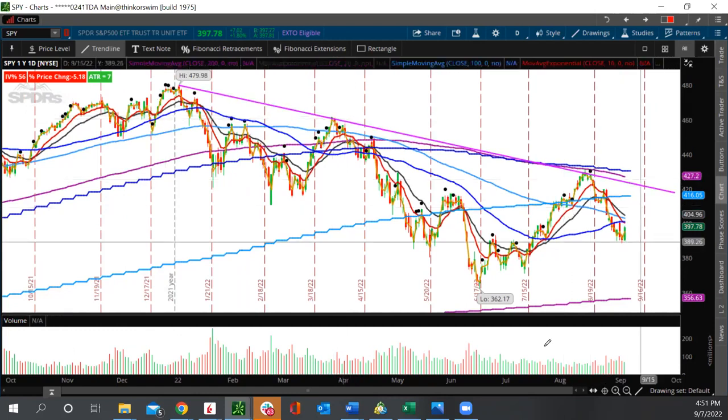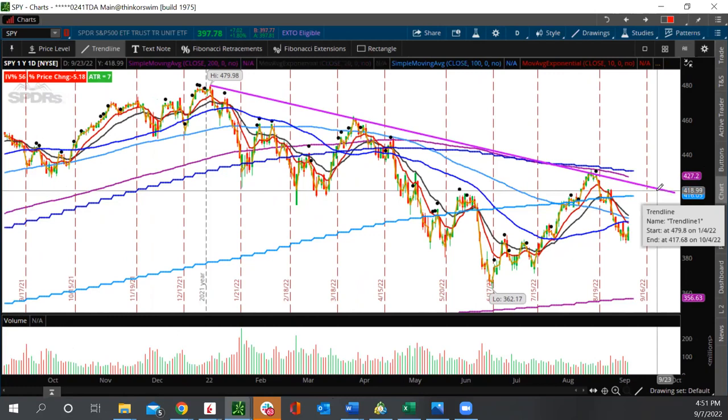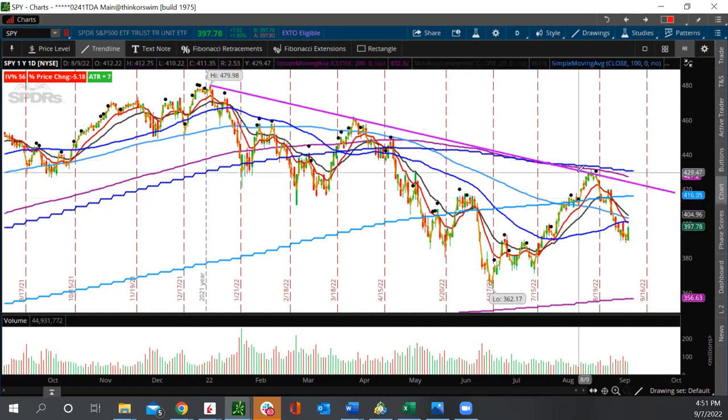So if your bias is to the downside and you think we can keep going lower, you could just wait for price to come right back up to this trend line again. I'm showing you this on SPY, but you can do this on any stock. Come up here, hit this trend line, do a blind limit sell, and then put your stop somewhere above this pivot, and ride it back down.